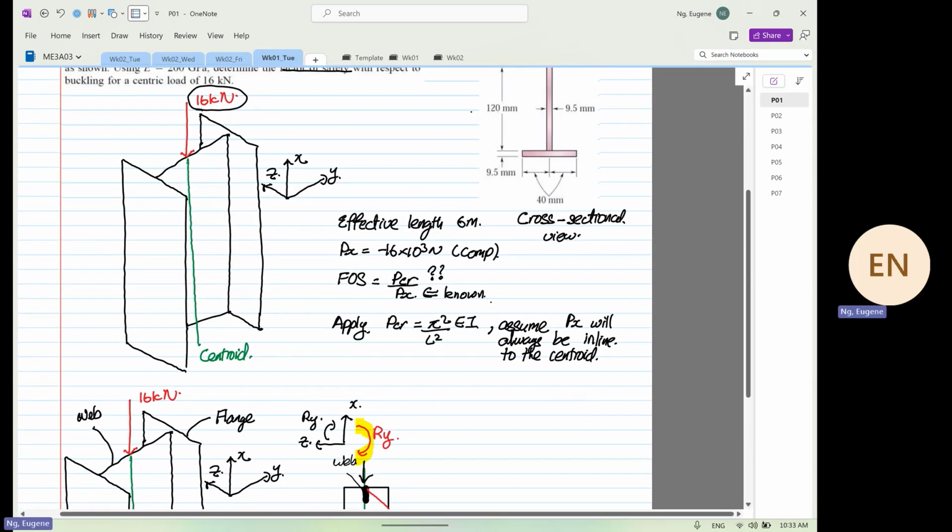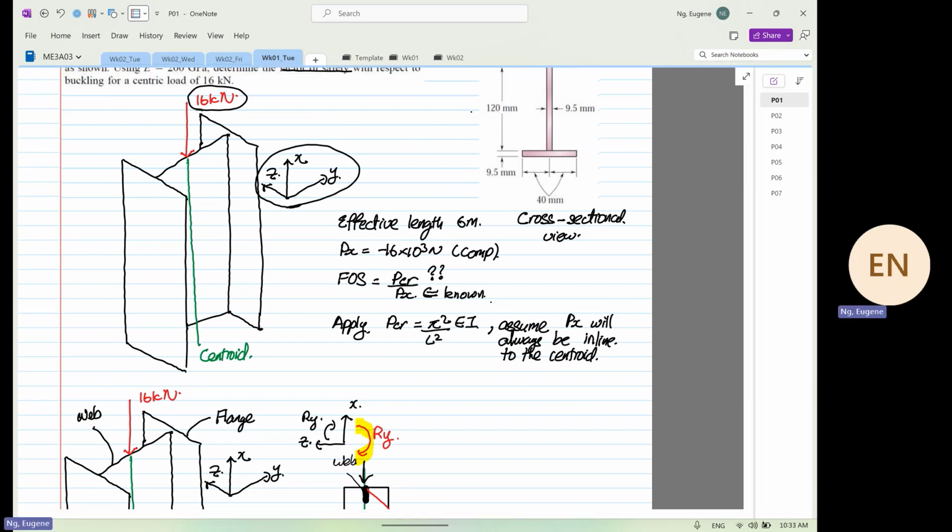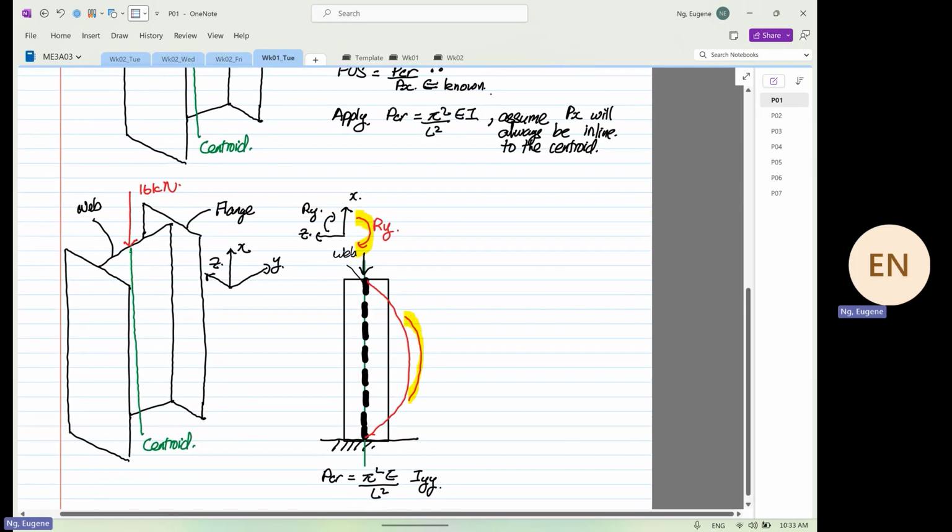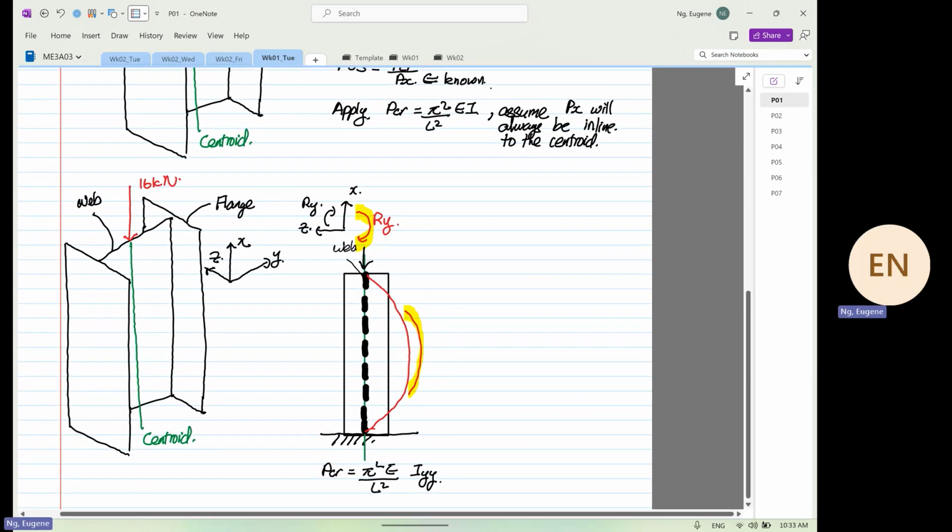Then an important thing to take note of is that we have to construct our transformation. So this is our transformation X, Y, and Z, and I'll tell you why this is important. We sketched this figure out last week, and we look at buckling.